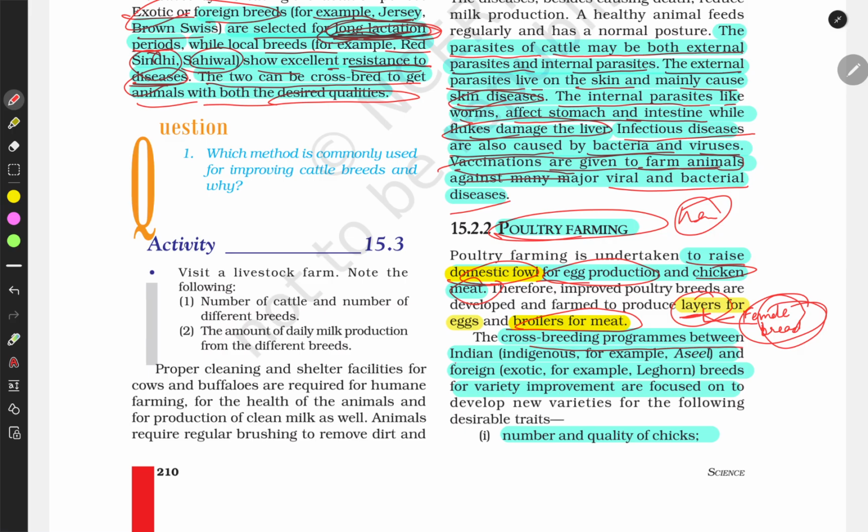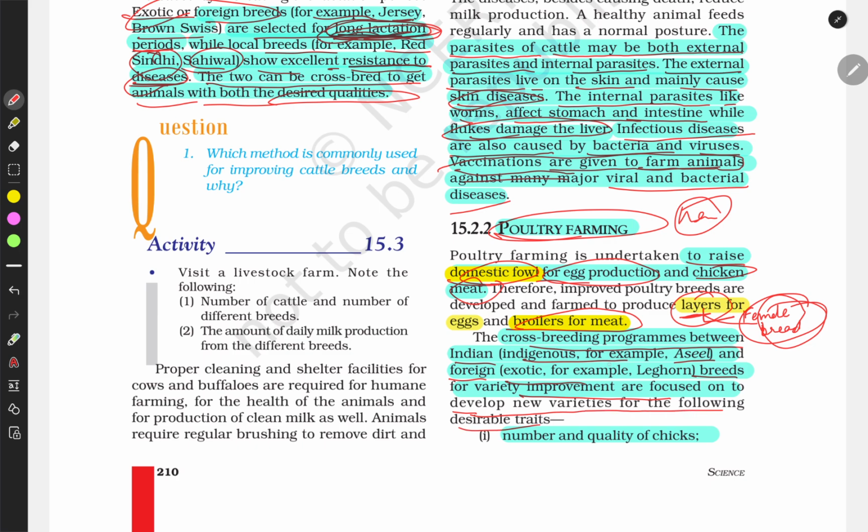Crossbreeding programs between Indian indigenous breeds, for example Aseel, and foreign exotic breeds like Leghorn, for variety improvement, are focused on developing new varieties with the following desirable traits.